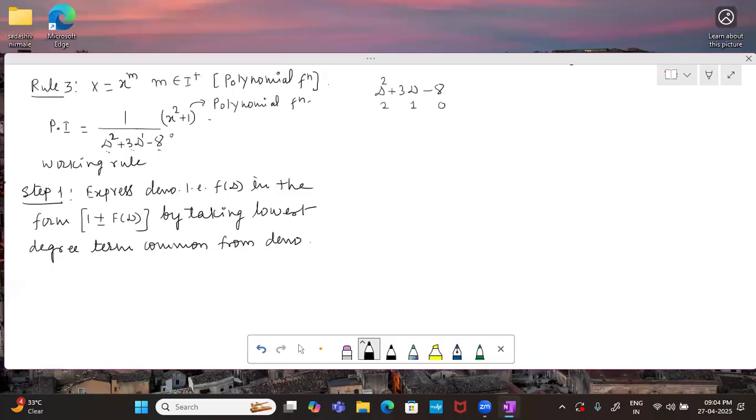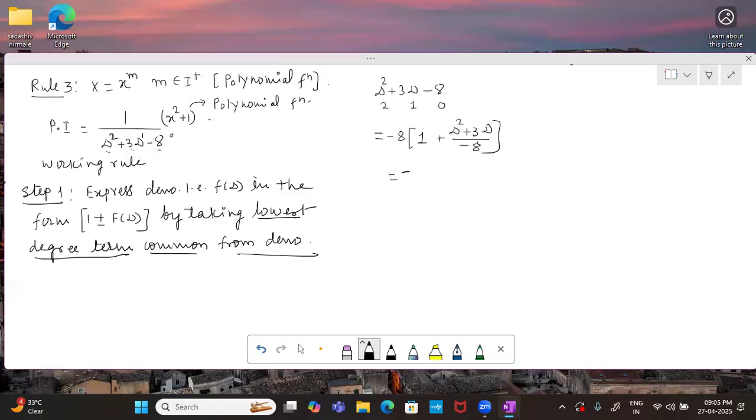By this first step, we'll take the lowest degree term common from the denominator. The lowest degree term is the 0th degree term, minus 8. So if you take minus 8 common from these three, then the last term will be 1 and we write it as the first term. And for the remaining terms, divide by minus 8: d square plus 3d upon minus 8.